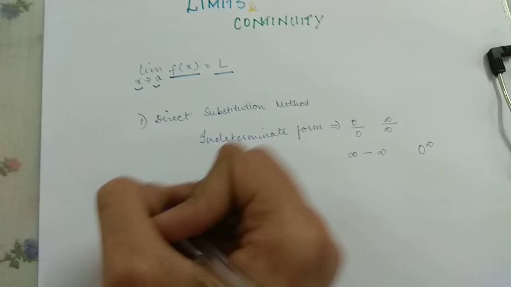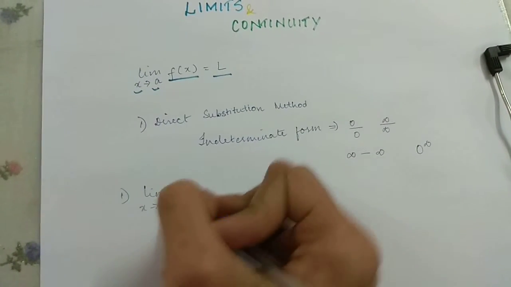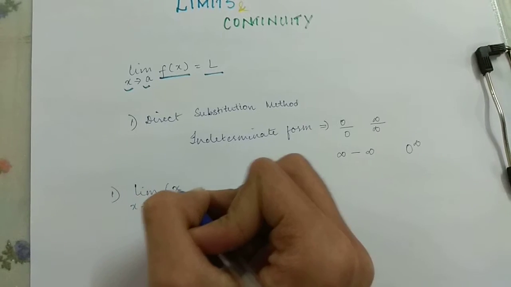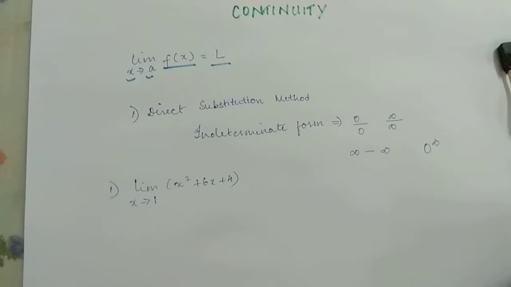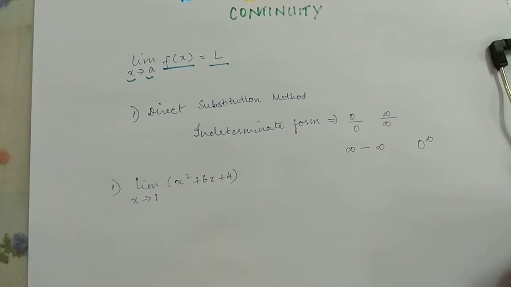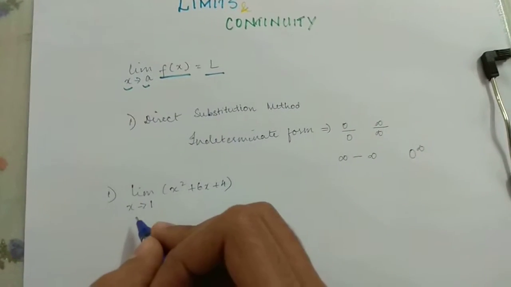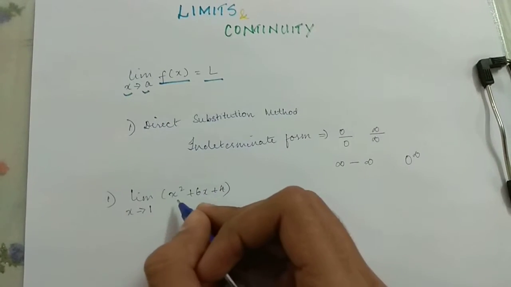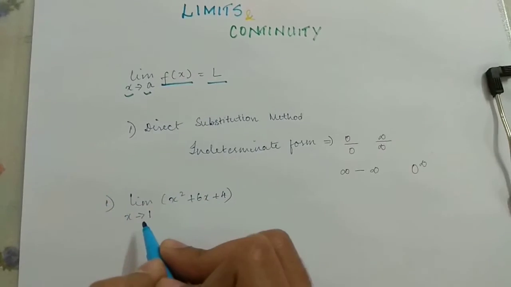So let's take down a problem. Limit x tending to 1, the function as given, x square plus 6x plus 4. Now, as the name suggests, direct substitution means whatever is the value of x has to be directly substituted in the function. Here, the value of x is equal to 1.